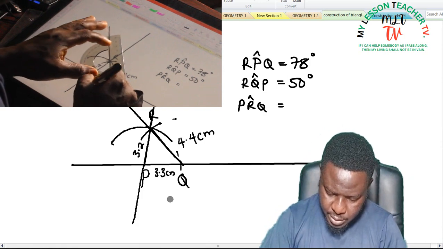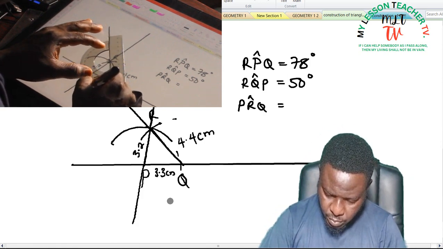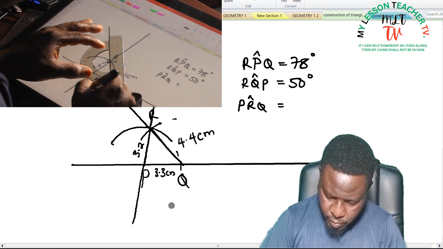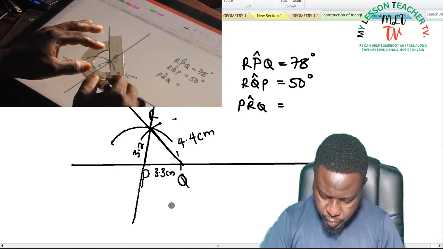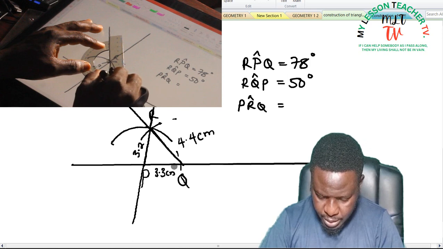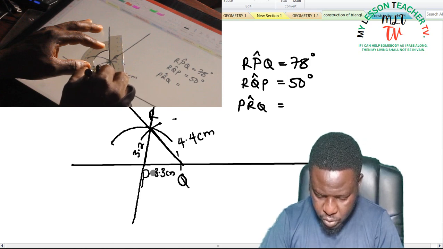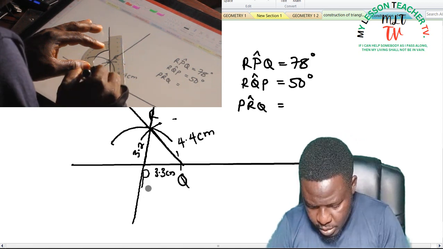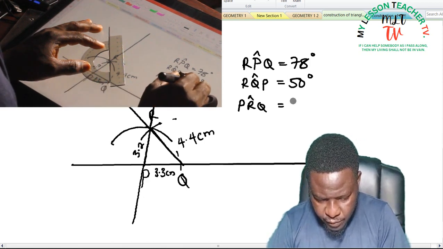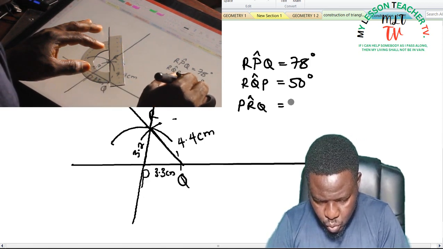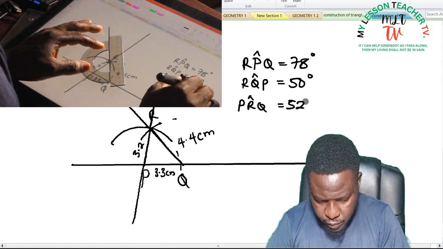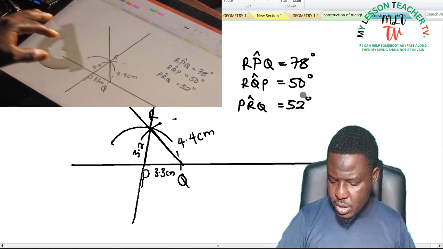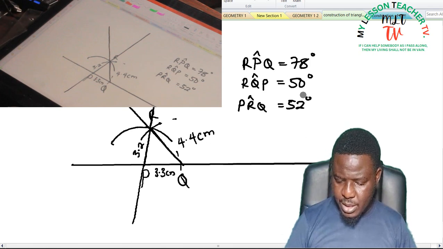So when you extend this, this is said to be 10, 20, 30, 40, 50. This is said to be 52. So this is 52 degrees, okay, approximately.